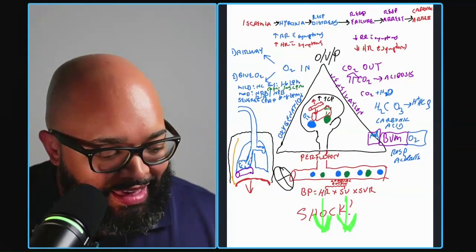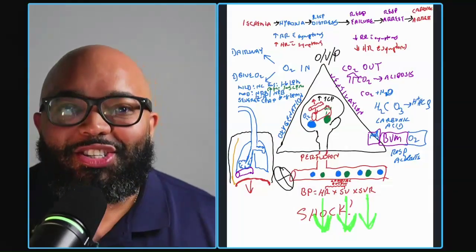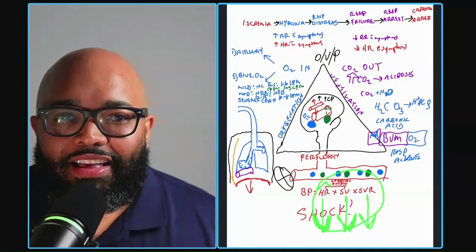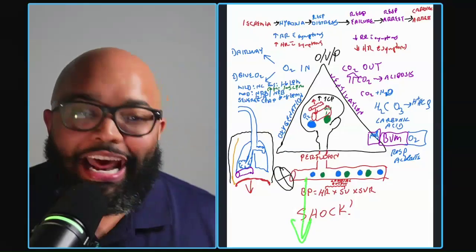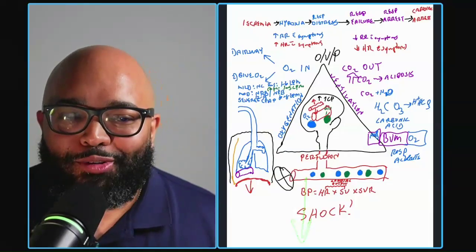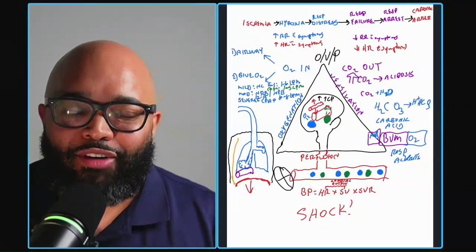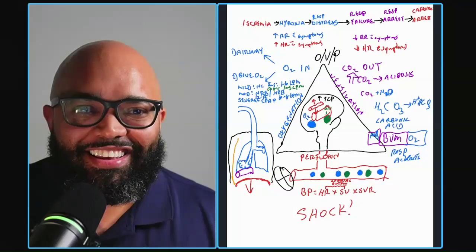And when you dilate the blood vessels, the systemic vascular resistance starts to go down. When you make all of these go down, the obvious end result is the blood pressure goes down. That's our hypotension. That's how we end up in hypotension as a late sign of all shock. Okay? Does that make sense?